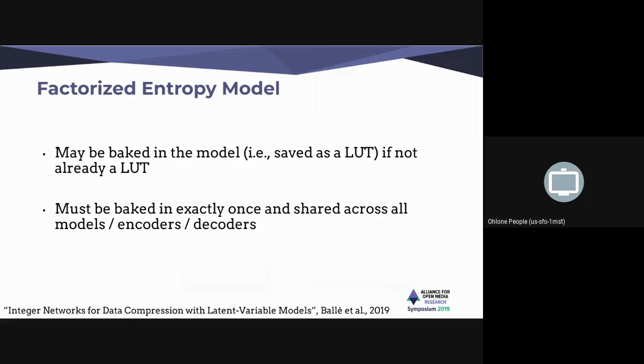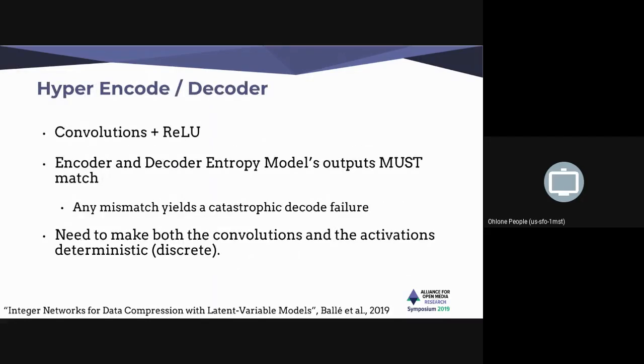And we can do this in integers, avoiding floating point altogether. If you do this, we have the first sort of autoencoder paper completely solved. No issues there. But now, how do we deal with these more complicated entropy models? Well, they consist of convolutions plus rectified linear units.